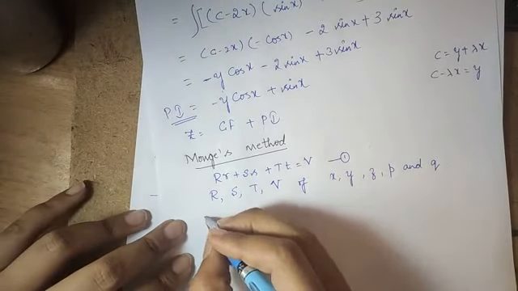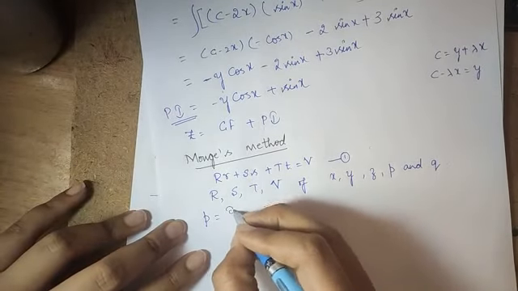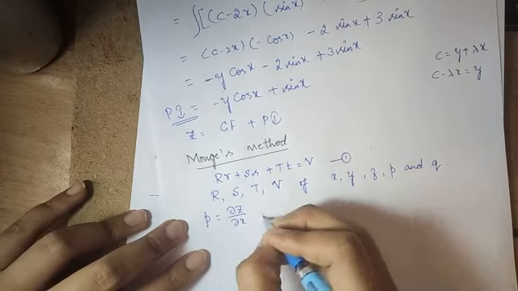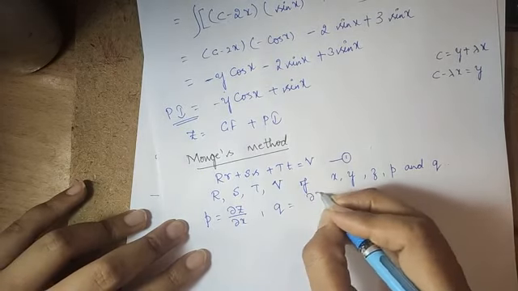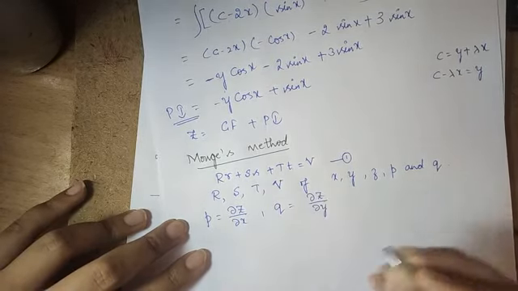So let's see what p is. p is nothing but dou z by dou x. q is nothing but dou z by dou y.